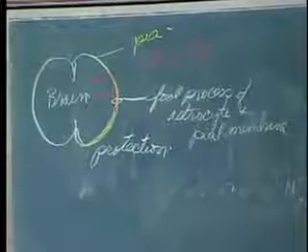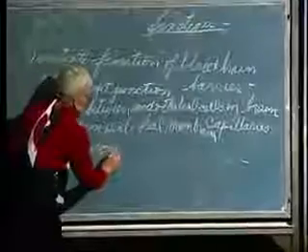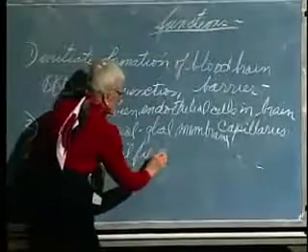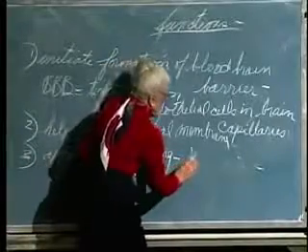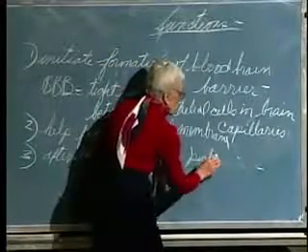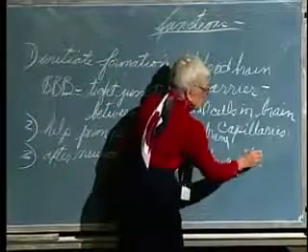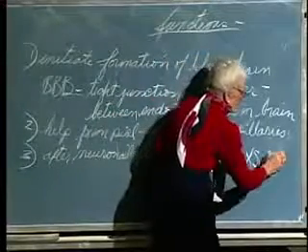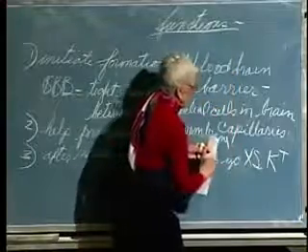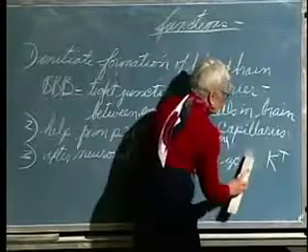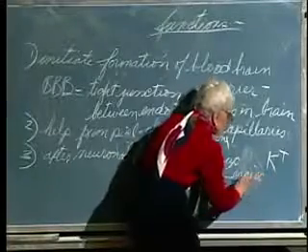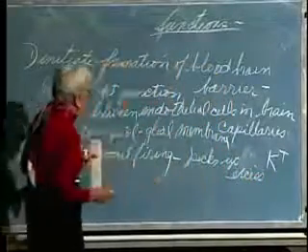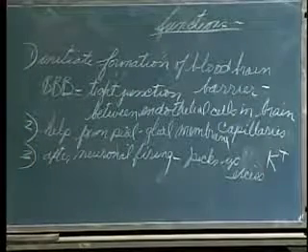So after neuronal firing, the astrocyte picks up excess potassium. I'll write it out so it's not confusing. Loads and loads of functions here.